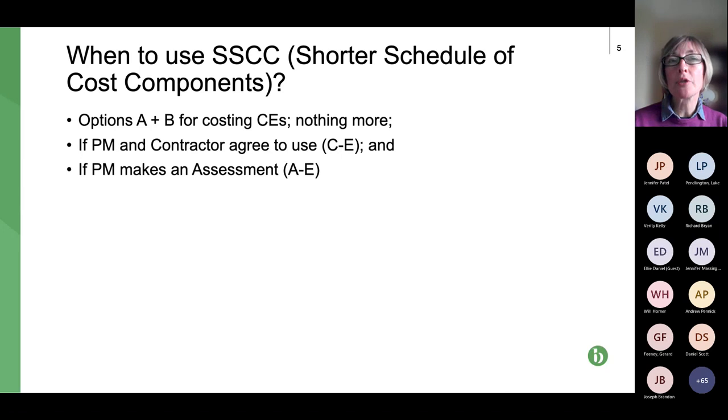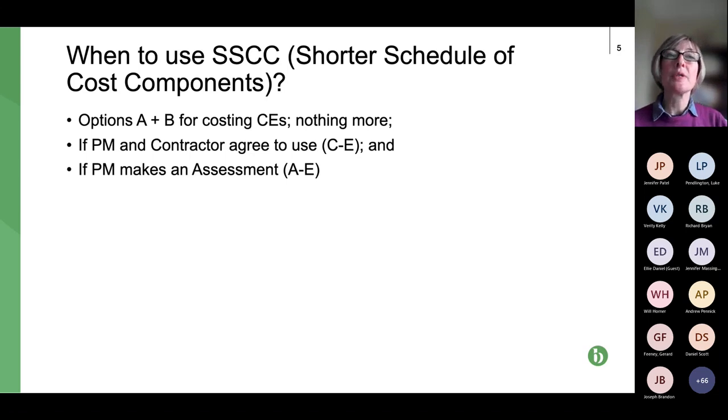There are other alternatives where you can also use the shorter schedules. The first one is the second bullet point. If the project manager and contractor agree between them that it should be used for the contract C, D and E for maybe one item, or if they agree generally. I've never come across such an agreement. You may have done.